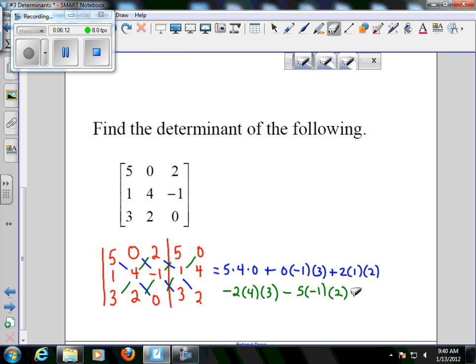I want that to be a minus. So minus 0 times 1 times 0.